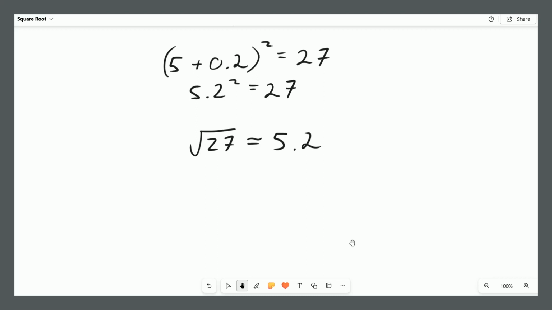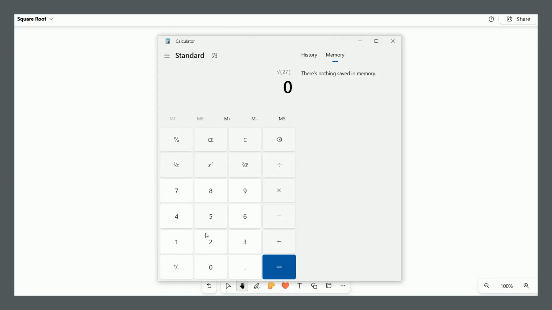Now, let's check that on a calculator. 27 square root, look at that. It rounds to exactly 5.2. So, there we have it.